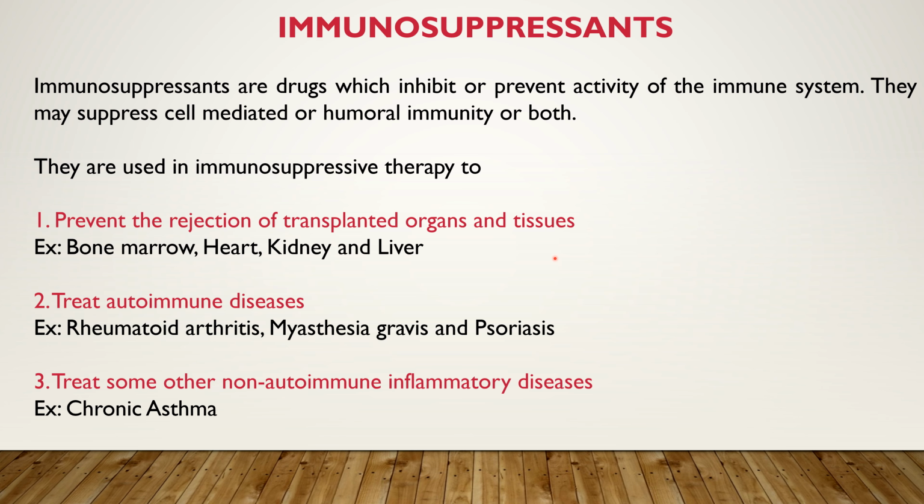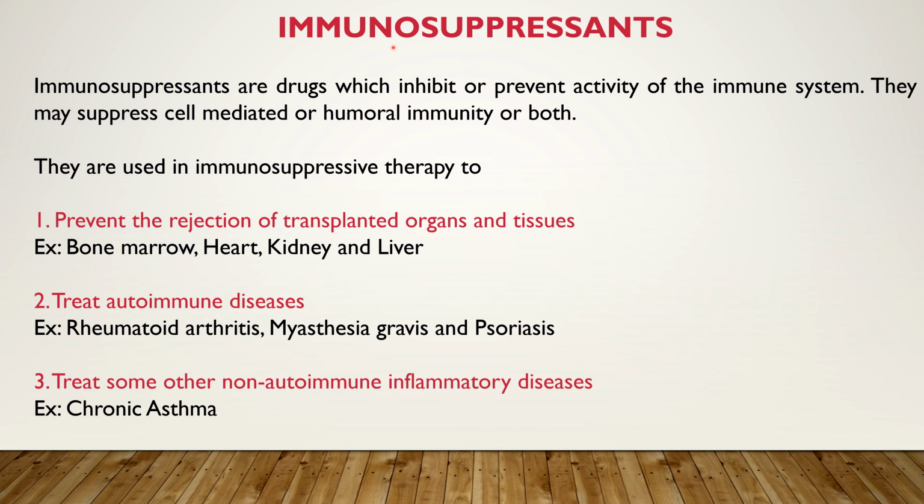During the transplantation, our body's immunity won't accept the foreign organ and tissue, so it will try to reject that. To avoid that rejection of transplanted organs and tissues, we use the immunosuppressants.